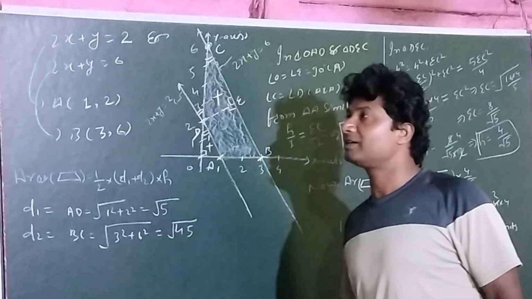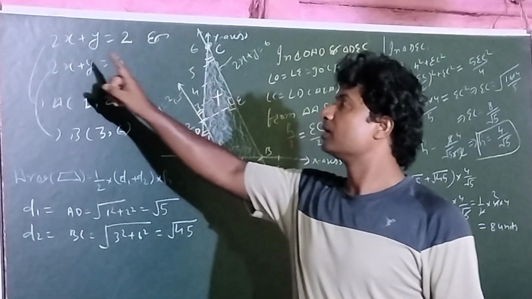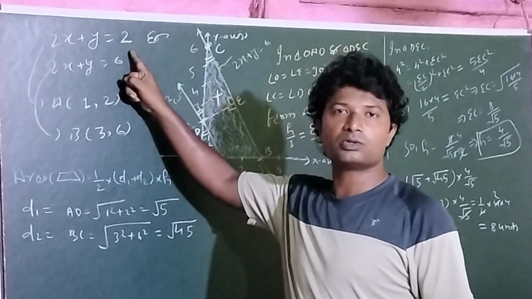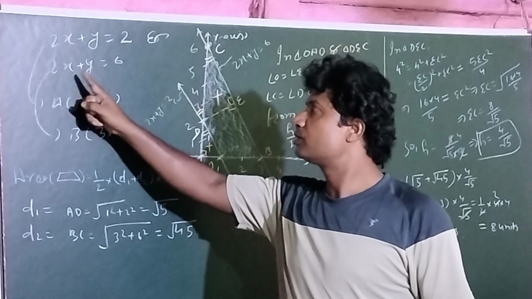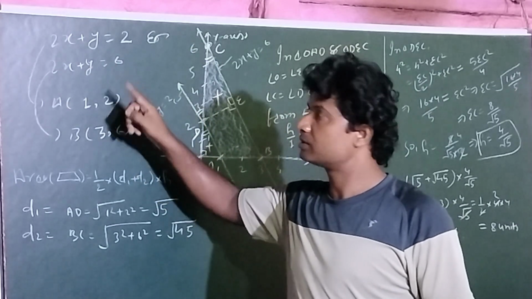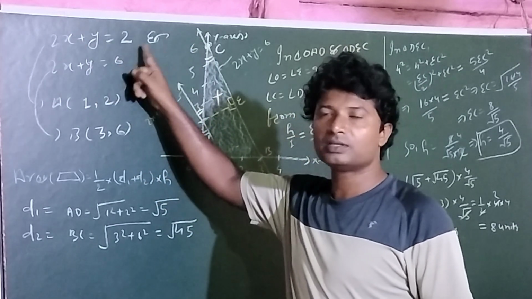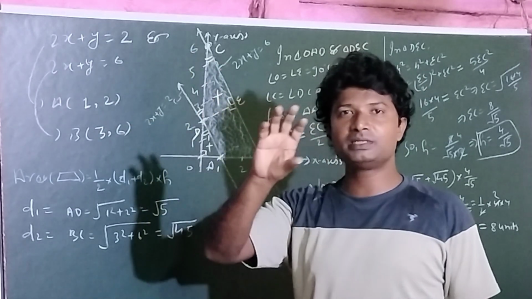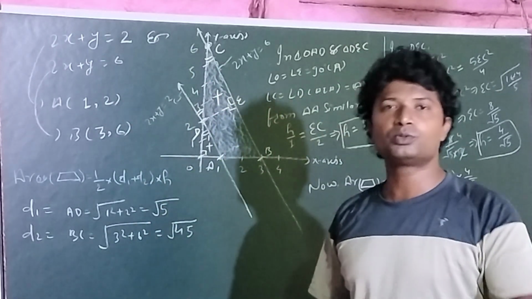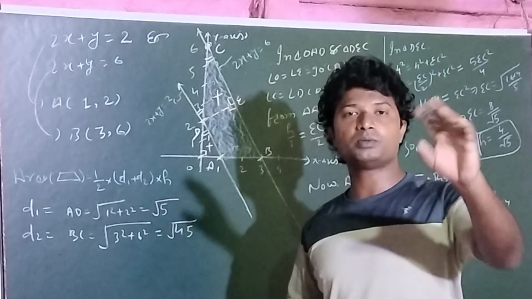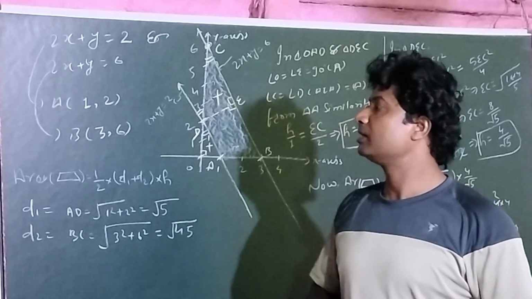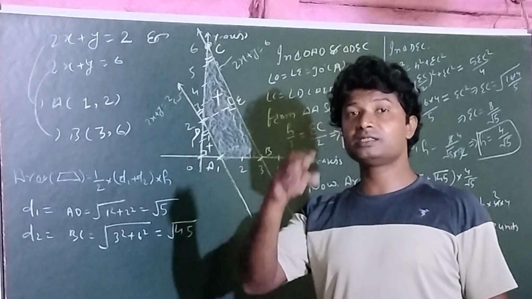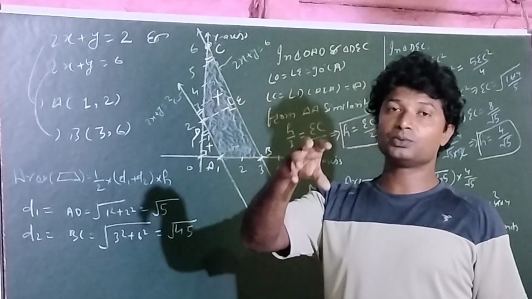Questions like this, just see over here: 2x plus y is equal to 2 and 2x plus y is equal to 6. Suppose this one is equation 1 and this one is equation 2. With the help of these two equations, you have to draw a graph.